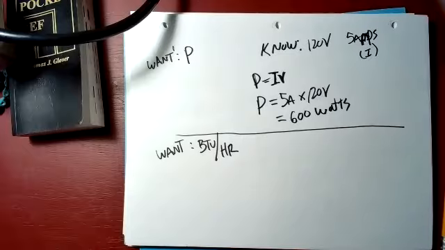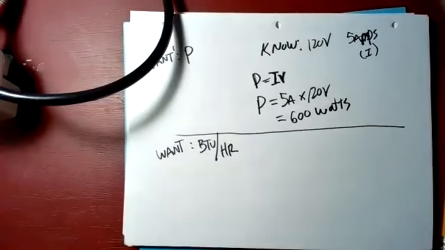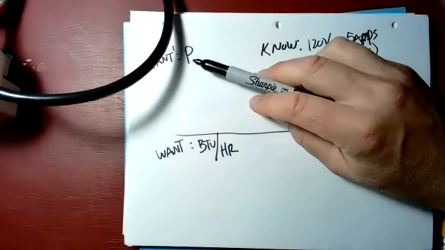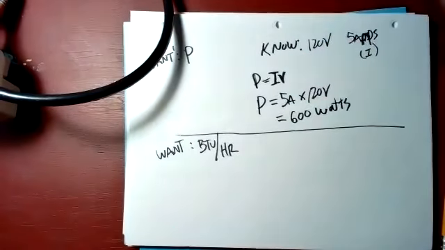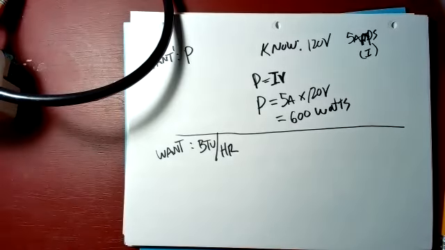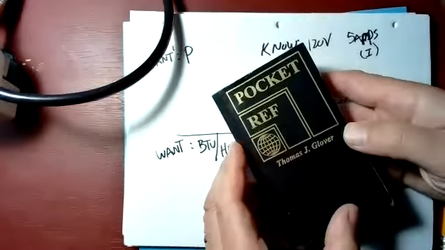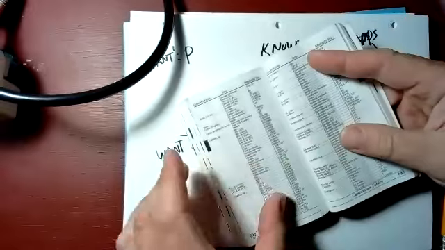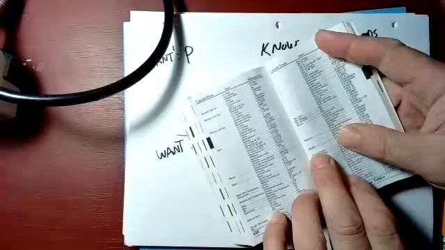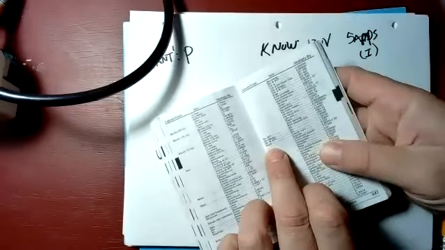Well, in this case, if you remember my earlier lesson, converting from watts or power to BTUs per hour is simply a matter of looking up a conversion factor. So let me look in my pocket reference book, in my conversion areas. To convert watts to BTUs per hour, I look up BTUs per hour, and there it is.